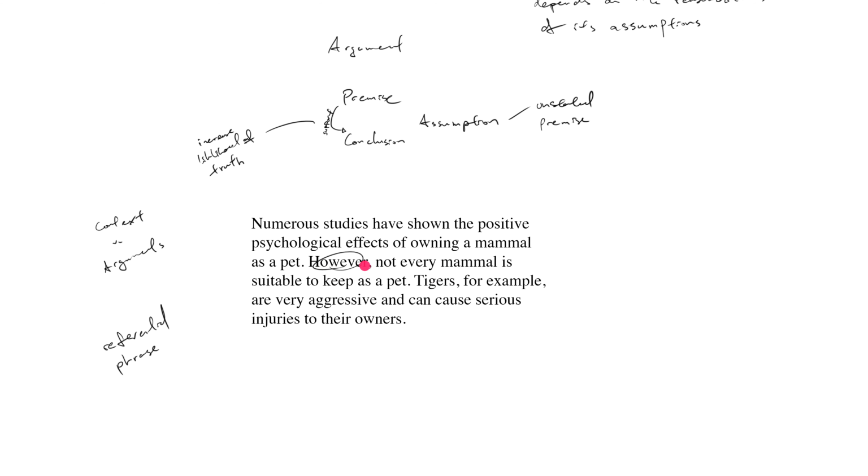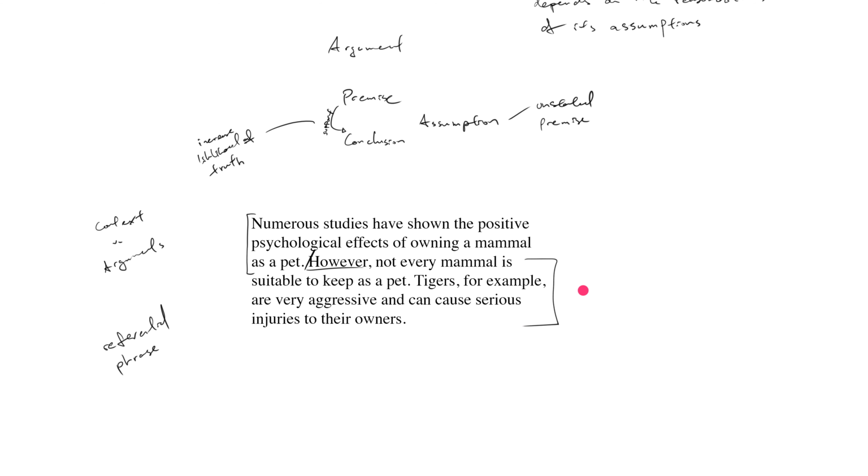You'll probably notice that this word, however, acts as a change in direction, a hold on a second, a pause, a signal that the author, having told you all of this information, is saying, okay, now that you know the numerous studies have shown the positive psychological effects of owning a mammal as a pet, now I want you to pay attention, because now I'm going to tell you what I really care about, which is this stuff down here.